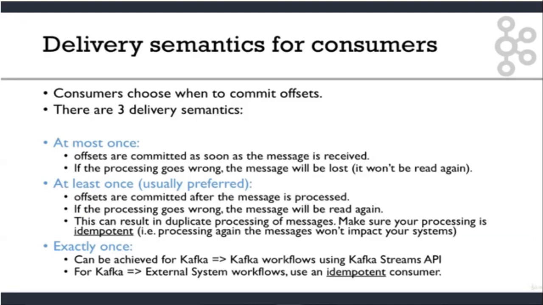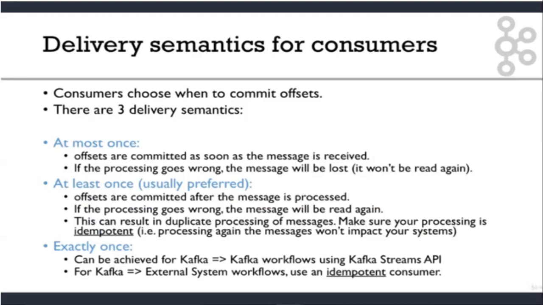So you receive the message, and the offset is committed. Offset committed means the message has been consumed from the partition. If the consumer is not able to process that message, it cannot read the same message again. So that message will be lost.